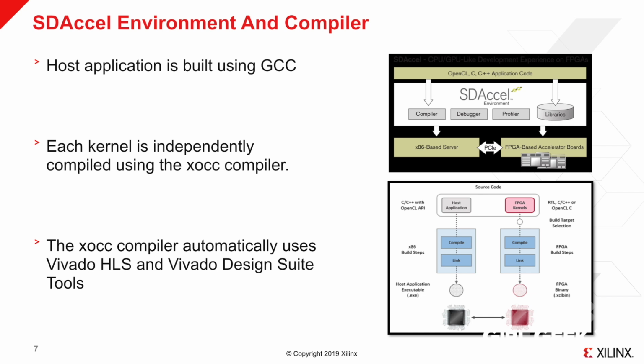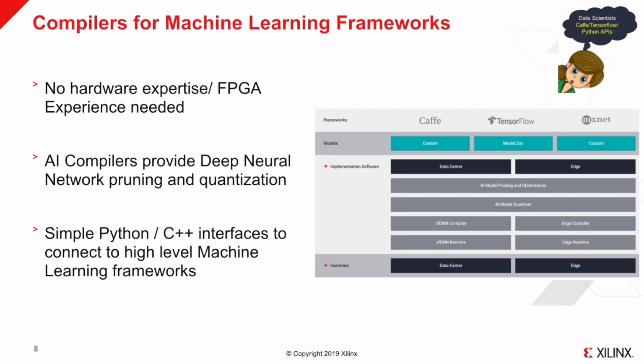So once the compilation is complete, then the software part will run on the host x86 machine, whereas the hardware part, which are the kernels, will run on the FPGA, and they will communicate with each other using our Xilinx runtime tools. Now, this SDAccel environment and compilers are very crucial and critical building blocks in our next set of compilers, which are aimed towards our data scientists who provide us models in frameworks such as Caffe and TensorFlow.